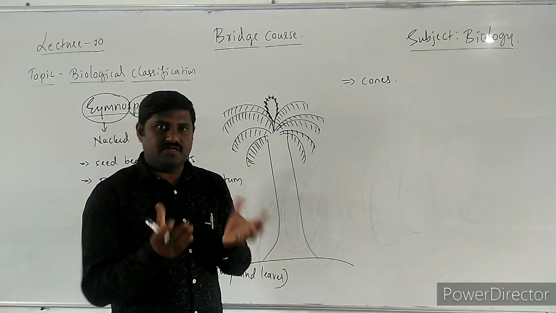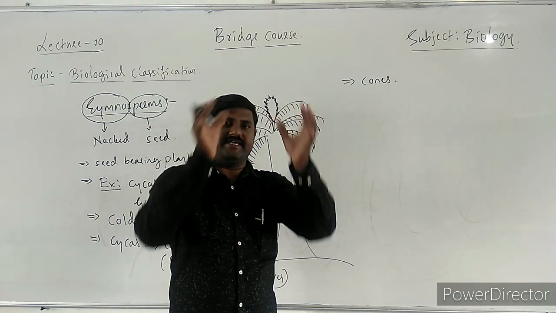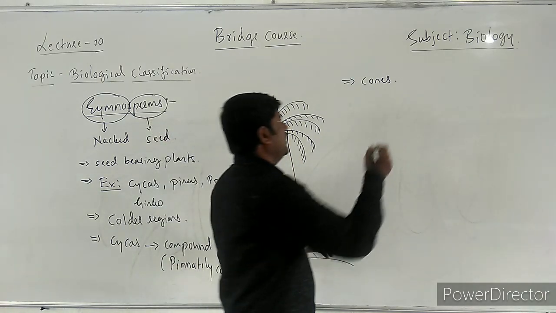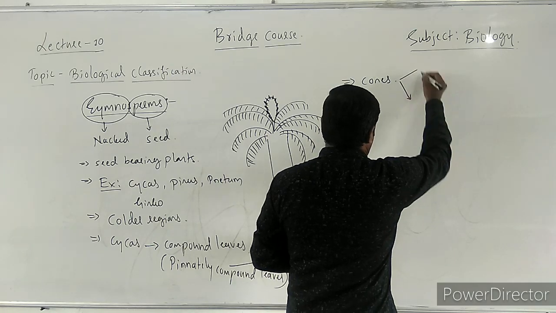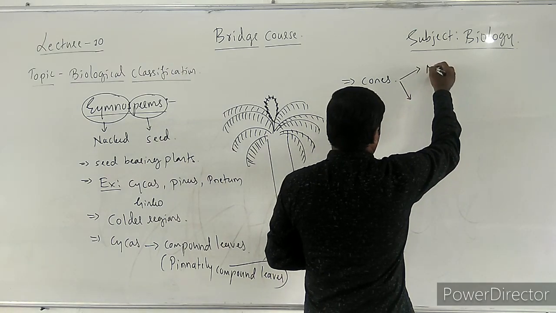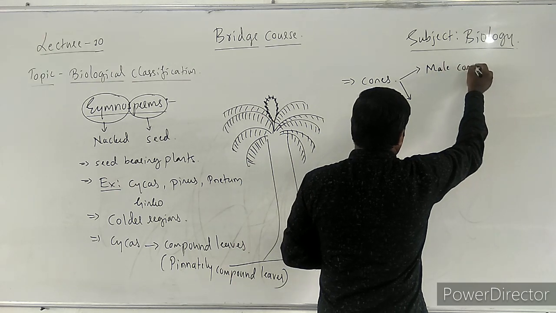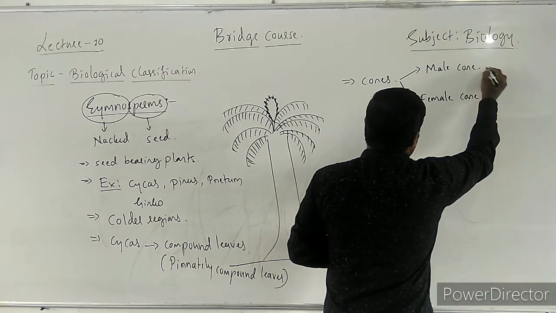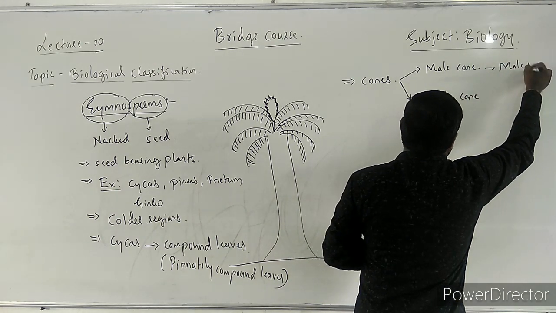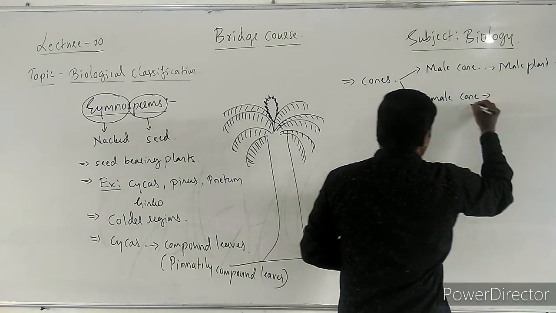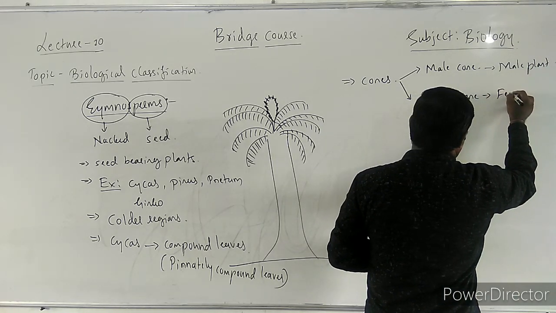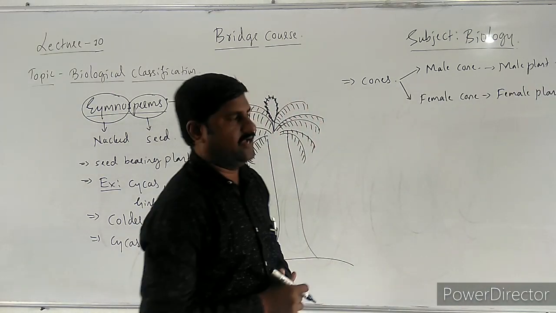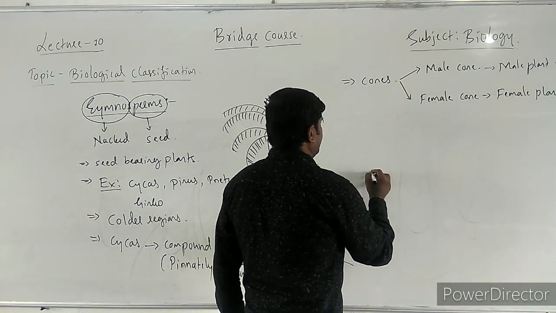All those leaves together form a cone-like structure, and that cone may be a male cone or a female cone. Cones are of two types: one is the male cone and the second is the female cone. The male cone is produced in the male plant, and the female cone is produced in the female plant, right?